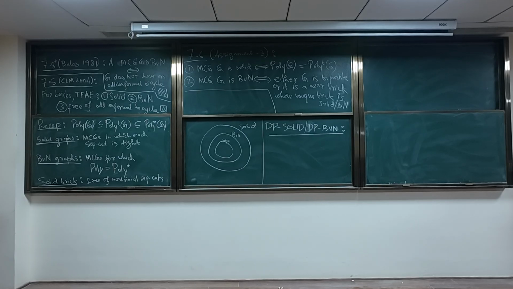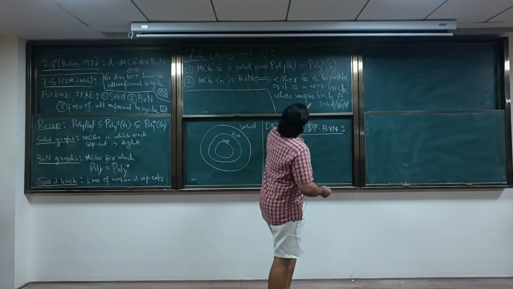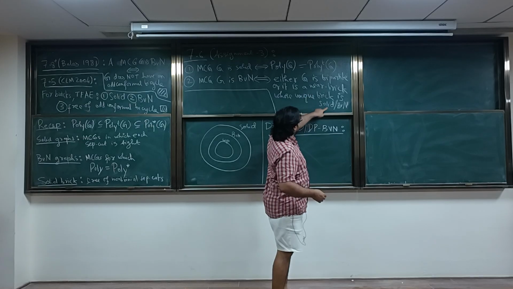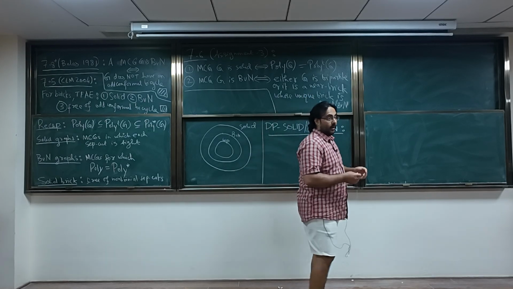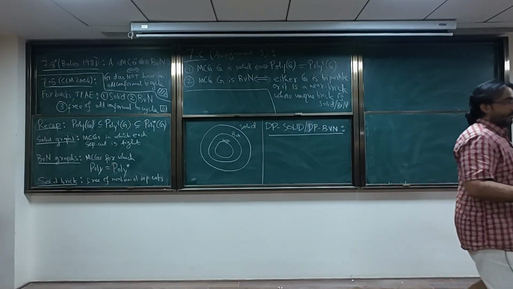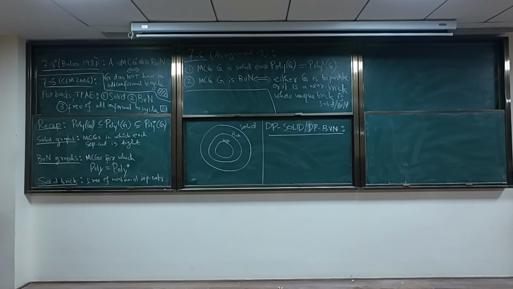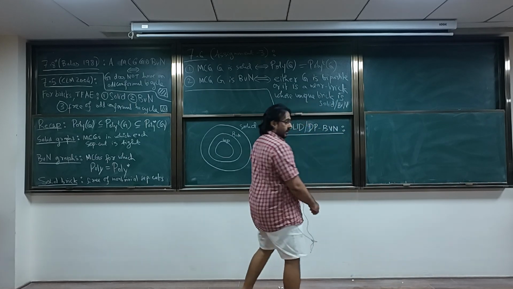That can be done because of ELP. And then you just have to check how many bricks there are and whether the brick is Birkhoff von Neumann or not. Okay? If all the bricks are Birkhoff von Neumann, well, that means that the graph is solid. In fact, that is if and only if. And if there is only one brick and that brick happens to be Birkhoff von Neumann, then the whole graph is Birkhoff von Neumann. Otherwise, it is not. Right? And of course, the bipartite case will just say yes. Right? No need to compute bricks if the graph is bipartite.